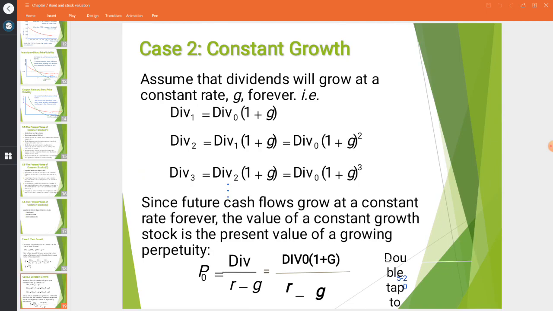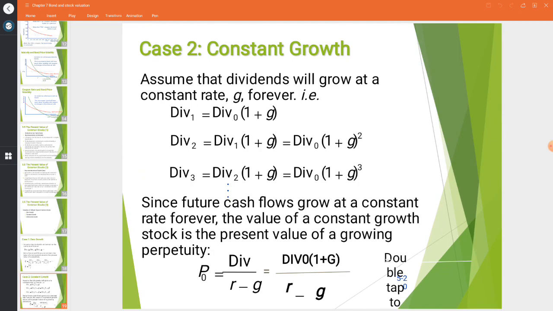This means that the dividend is not constant, but is growing from one year to another at a constant growth rate G. In this case, DIV1, the dividend at the end of the first year, will equal the current dividend DIV0 multiplied by 1 plus G, where G is the growth rate.